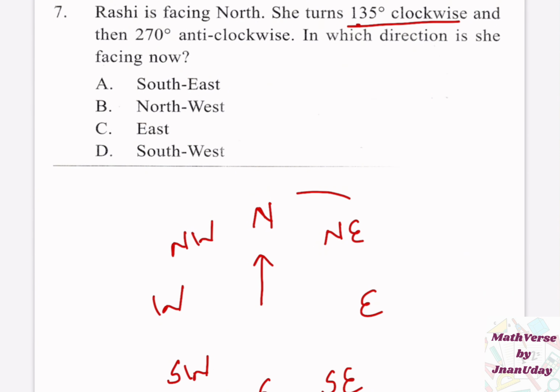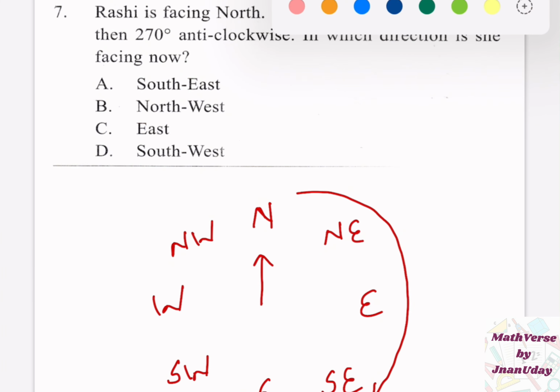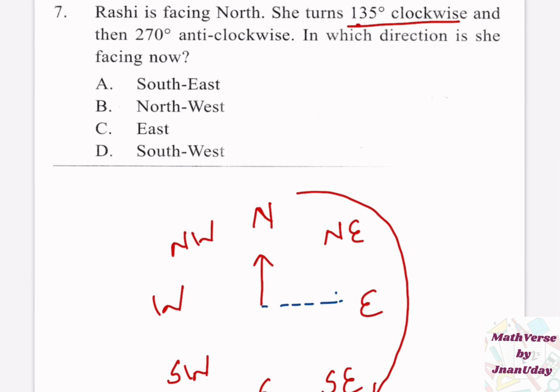Okay, so she is turning in this direction. Now 135, if we see here, then this east, right, it is at 90 degree. So 135, and this south, it is 180 degree. Okay, so it should be between east and south. When she turns 135 clockwise, means now she is facing your southeast direction.